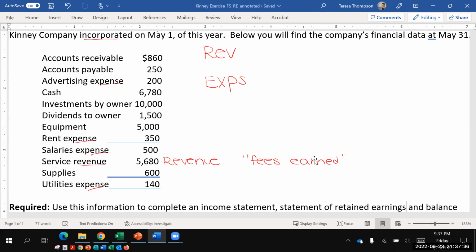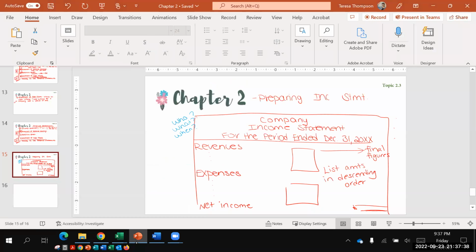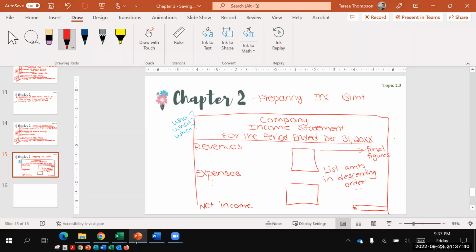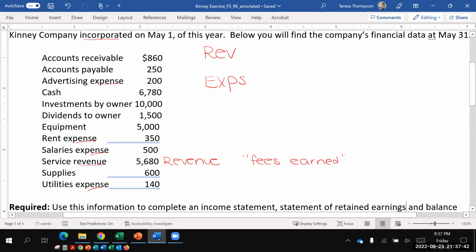Remember, we said in our notes that we want to list these expenses in descending order. So when you're looking through your data, you might just want to start labeling your largest expense. So let's see, normally salaries is the largest expense for most service companies, and it looks like that is the case for us here.